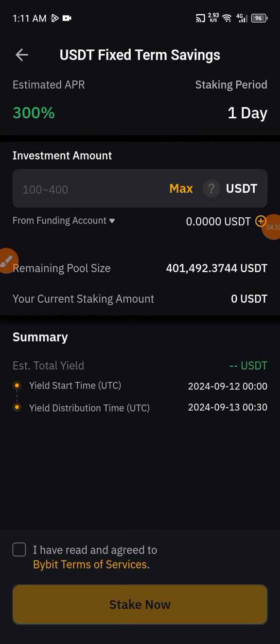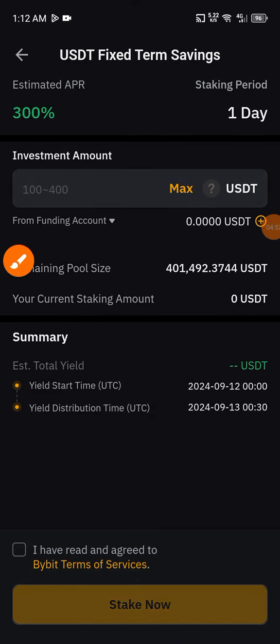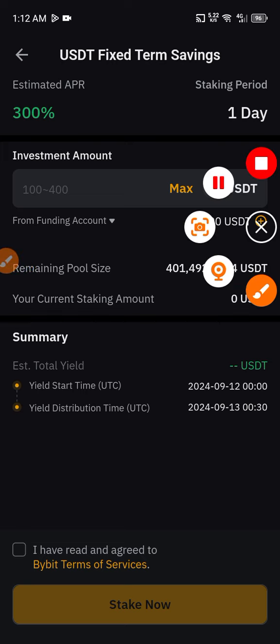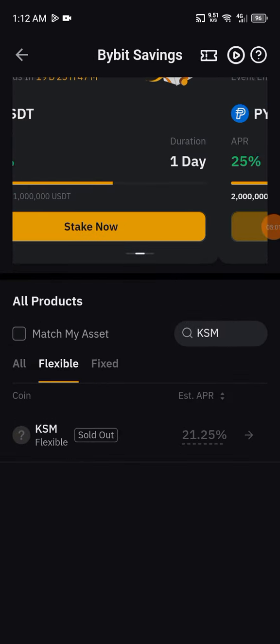Now let's check what are the remaining pools that are left. The remaining pool size is still much, over $501 million left.